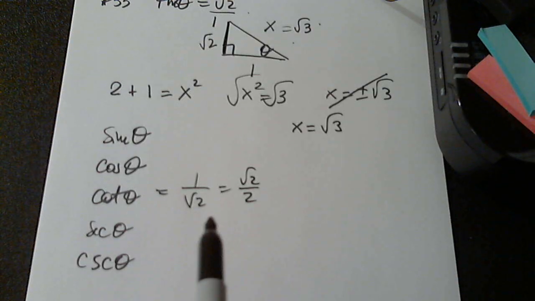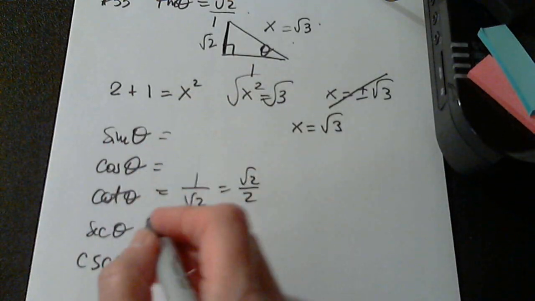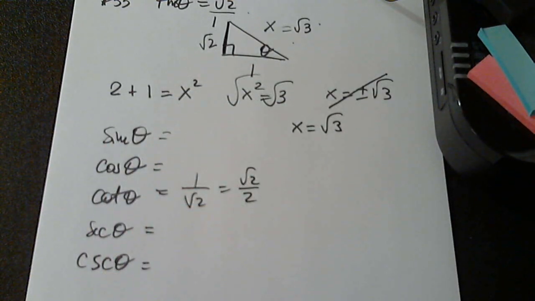Can anyone give us sine from the triangle? The square root of 2 over the square root of 3.